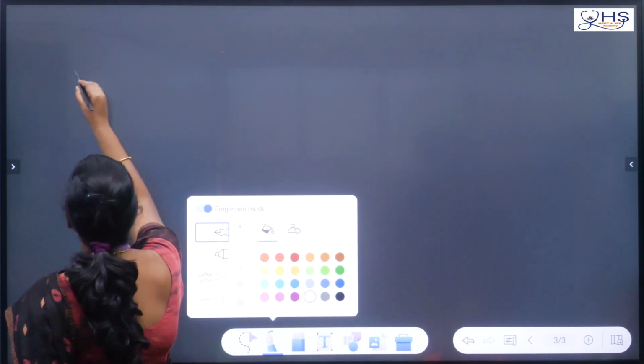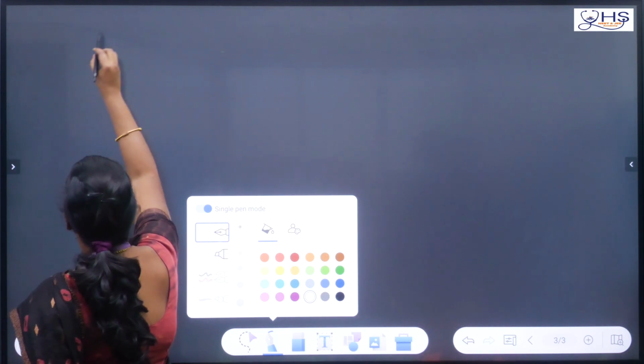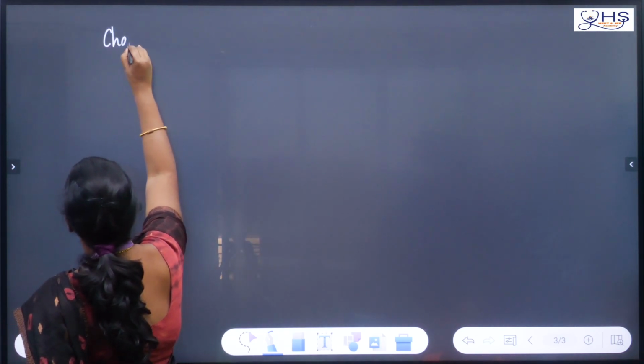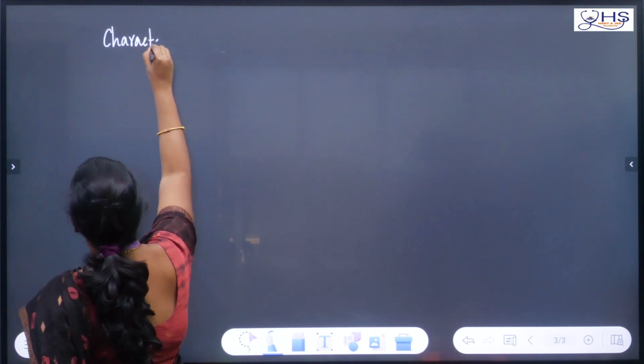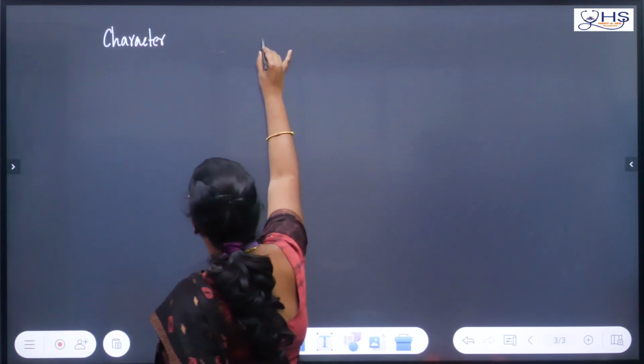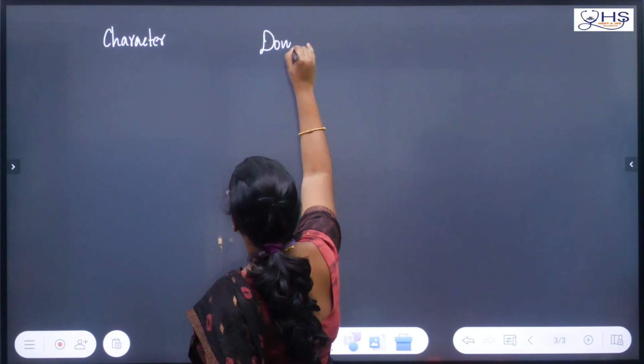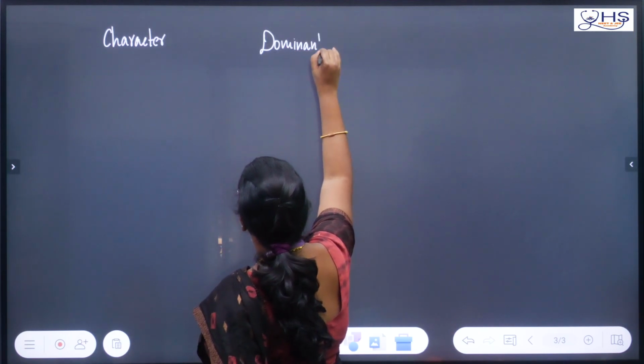So here is the first character. I'll write here character. Next is the condition, dominant or recessive.